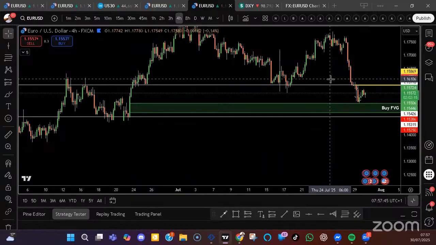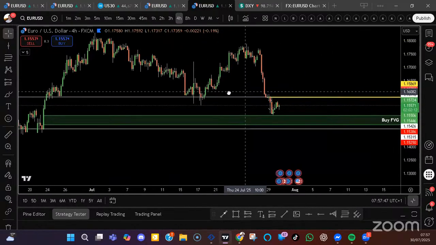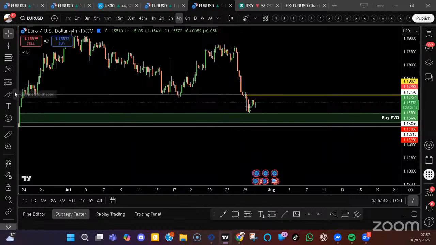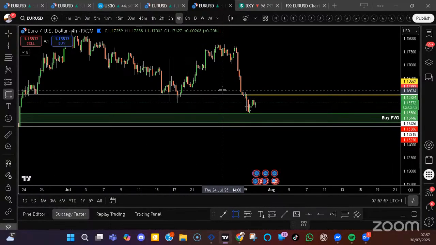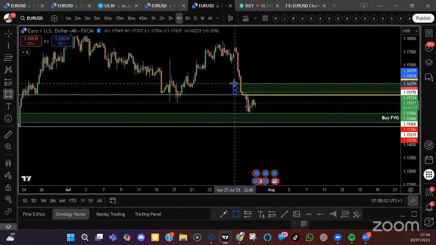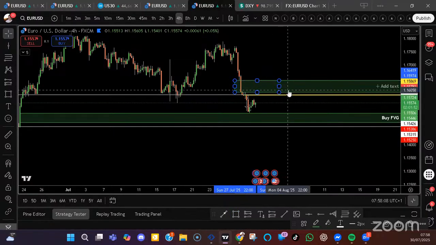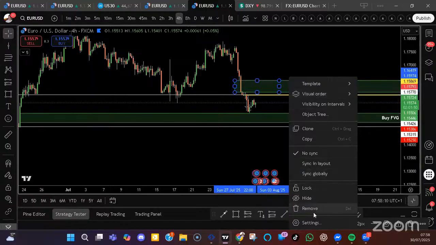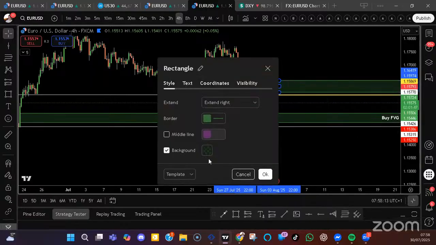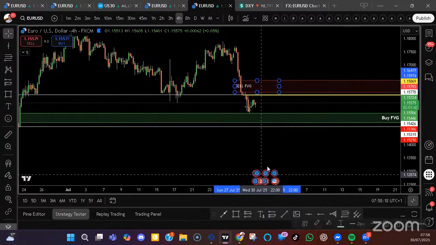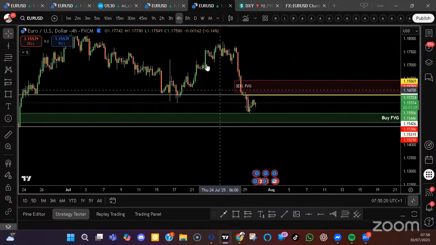And coincidentally, we've got imbalance here, this side, so I think it's prudent to draw that in. From there to there, that's all in balance. Get the right box. So sell FVG, fair value gap, same thing. So there we go, that's that.